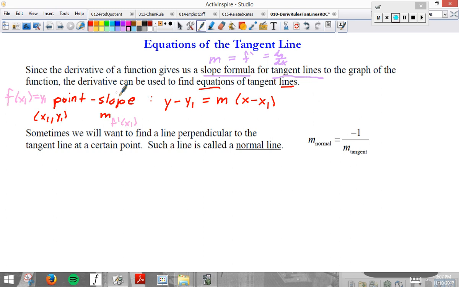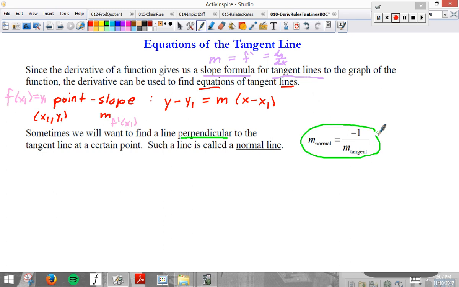Sometimes we'll want to find a line perpendicular to the tangent line. This is somewhat important. It doesn't come up a lot, but it's so easy. You should get these points every single time. The line perpendicular to the tangent line is called a normal line.